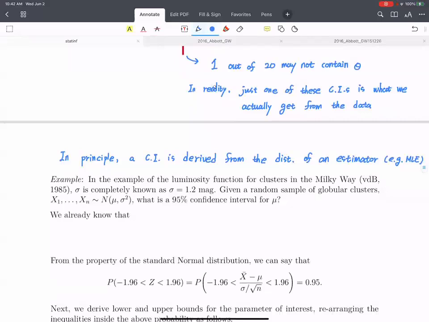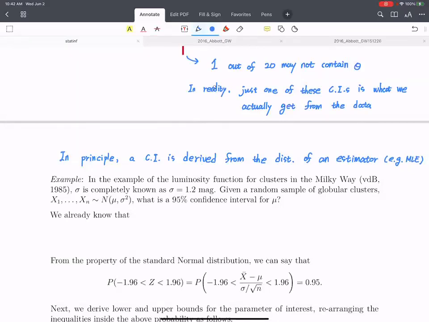In the example of the luminosity function for clusters in the Milky Way, from VDB 1985, sigma is completely known as 1.2 magnitude. Given a random sample of globular clusters, we assume that the data are coming from a Gaussian population with unknown center mu and known variance sigma squared.